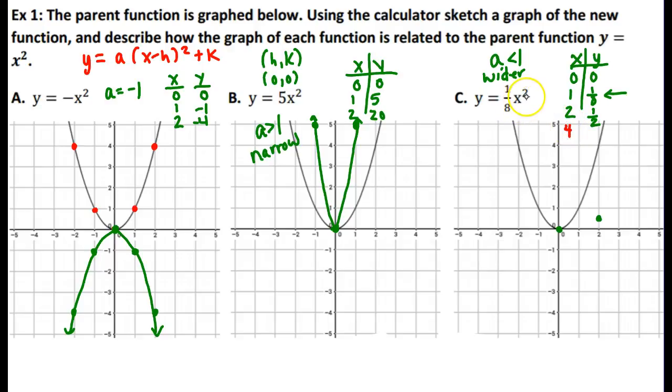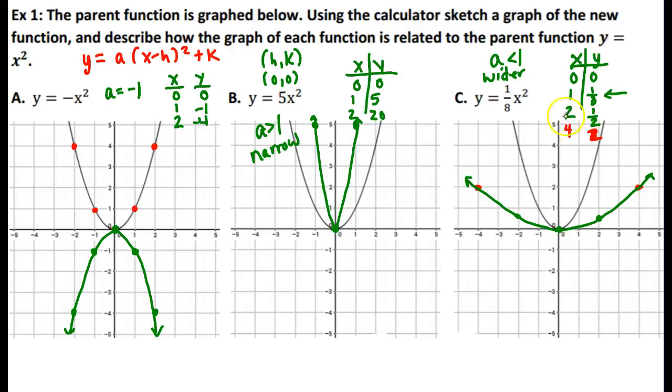So 4 times 4 is 16. 16 times 1/8 is going to give me 2. So 4 comma 2 is a point on this graph, and since it's symmetrical, negative 4 comma 2 is also a point, as well as negative 2, 1/2. So as you can see, this graph actually got wider.